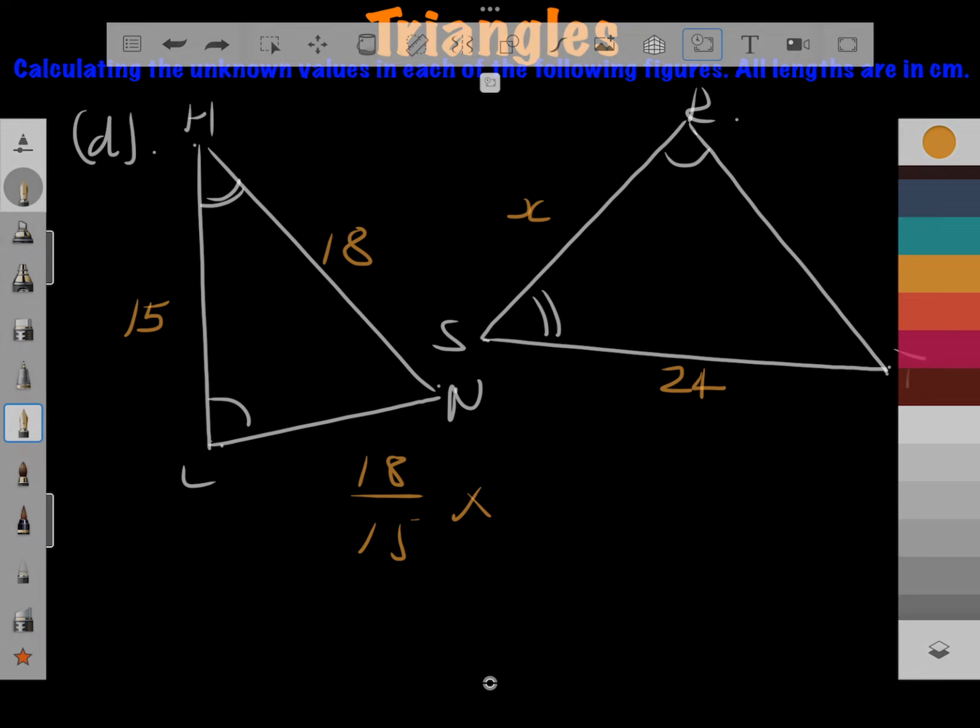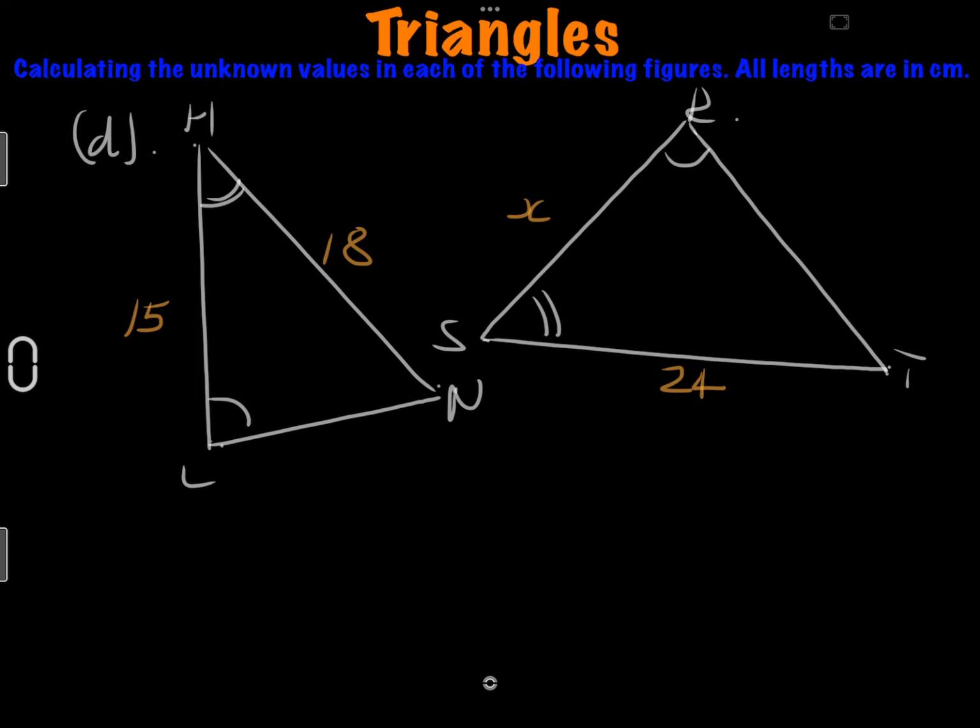It's better to use the ratio. So for triangle HLN, we have 15 by 18, and then for the other triangle, triangle RST, we have 24 by x. We don't know what x is.